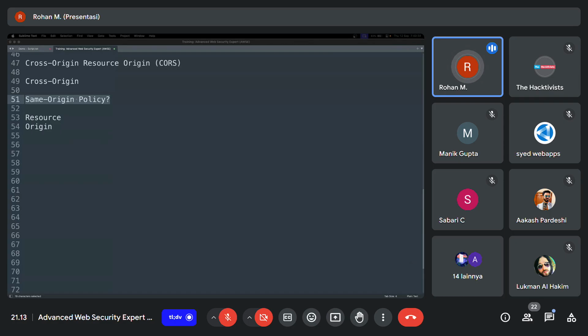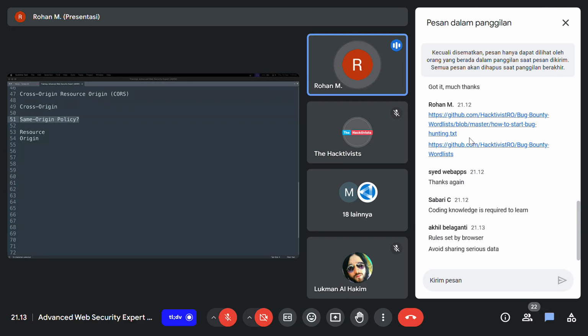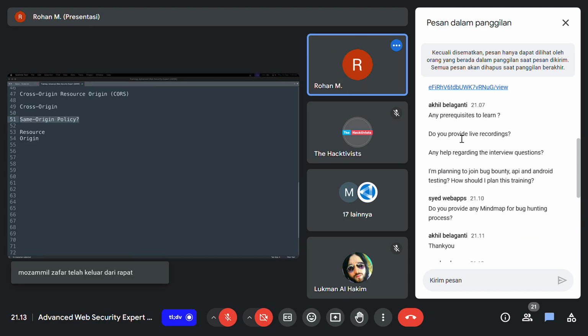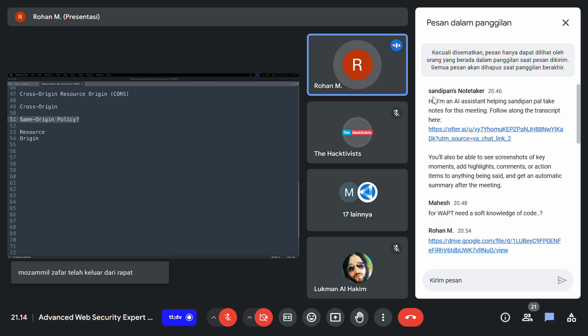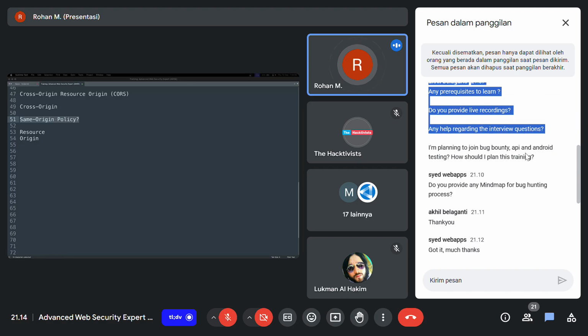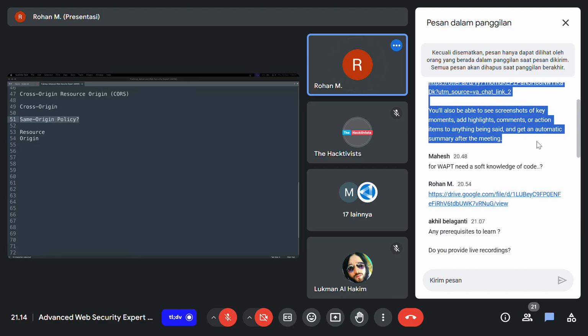Rules set by the browser for what? Anyone? To avoid sharing serious data. Okay, I'll call it critical data. Avoid sharing critical data. Anyone? If you have a microphone, you may unmute yourself and answer. What is same origin policy? Anyone?